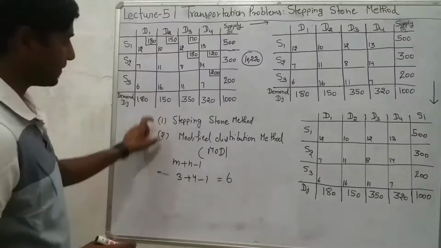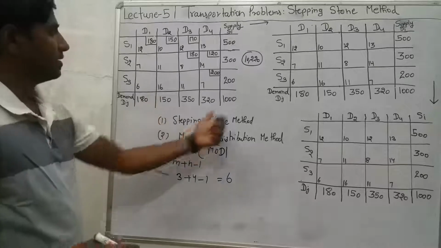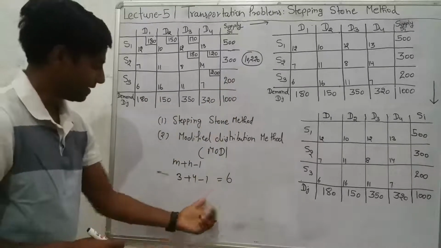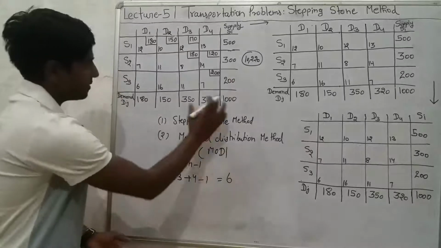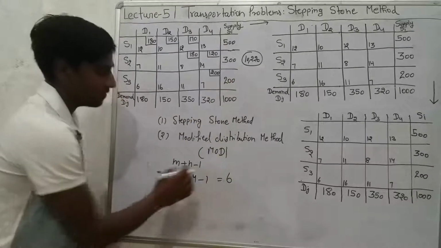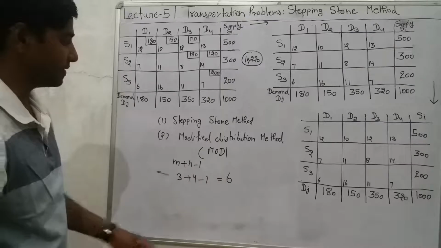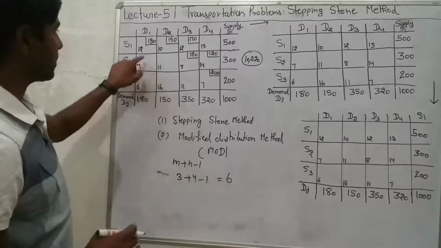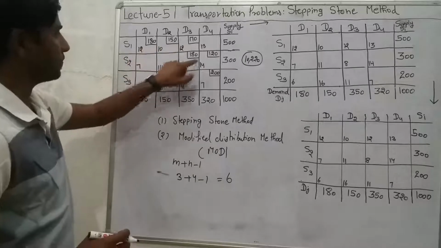In this case, the first condition is that this solution satisfies all the rim requirements, and second, it has 3 plus 4 minus 1 occupied cells. That means it has 6 occupied cells. You can count 1, 2, 3, 4, 5, 6.